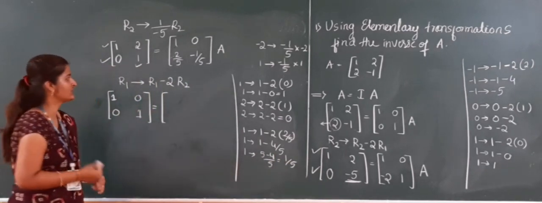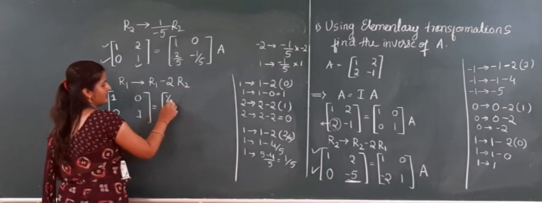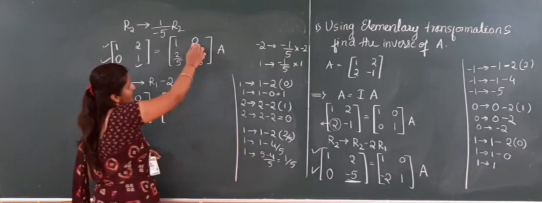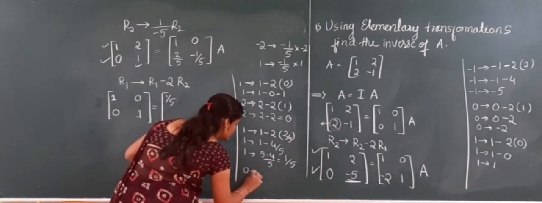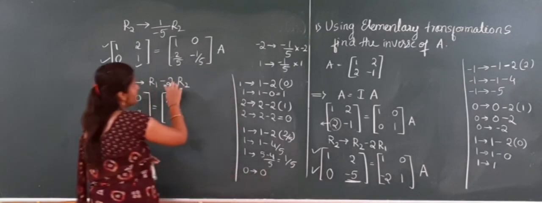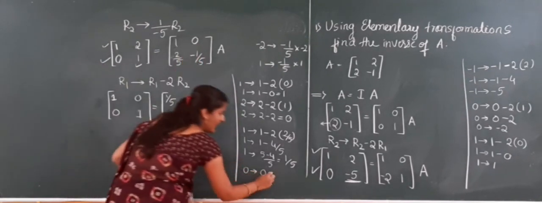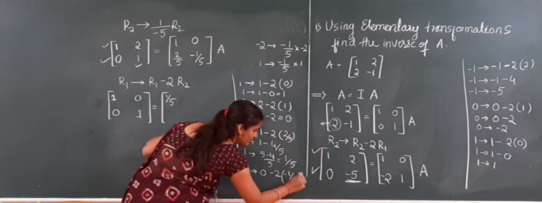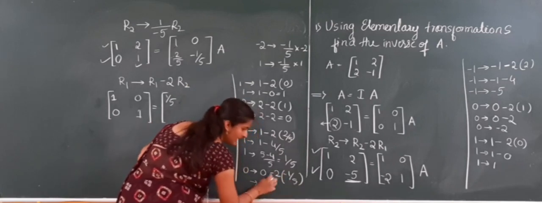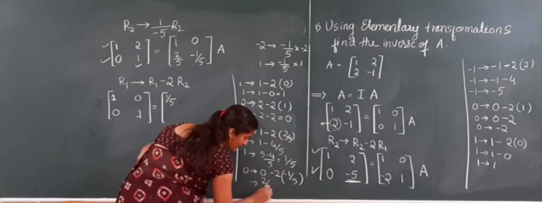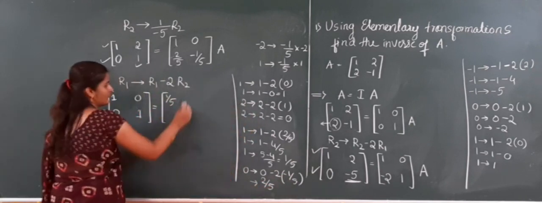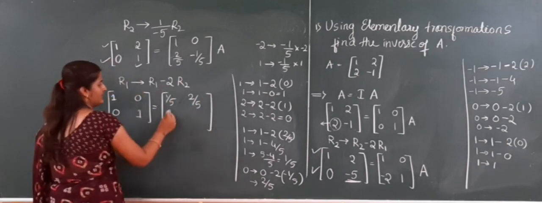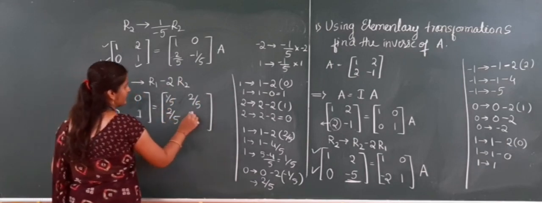So 1 changes to 1 by 5. So you have to do the calculations correctly. Next, what about this one? 0 changes to 0 minus 2 into R2, that is minus 1 by 5. So minus into minus is plus, we will get 2 by 5. And R2 remains as it is.